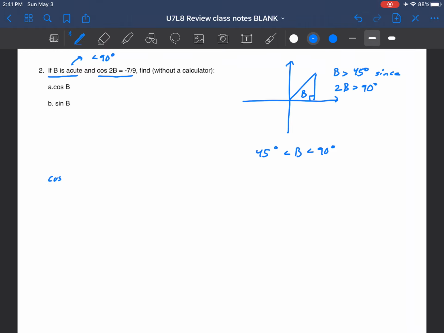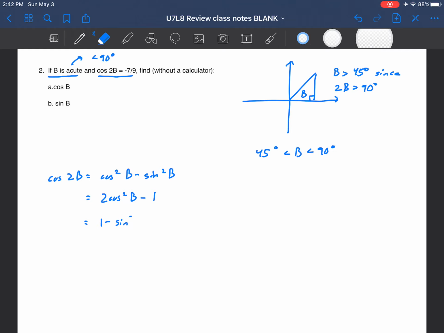So I'm going to write out that the cosine of 2b is equal to, well, we've got some options. Cosine squared B minus sine squared B. Or we can write it as 2 cosine squared B minus 1. Or we can write it as 1 minus 2 sine squared B. Okay, this first one doesn't help us because we have two unknowns.